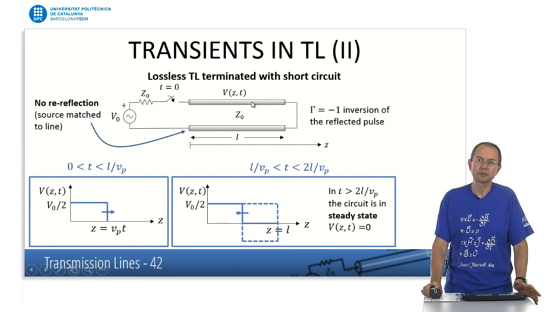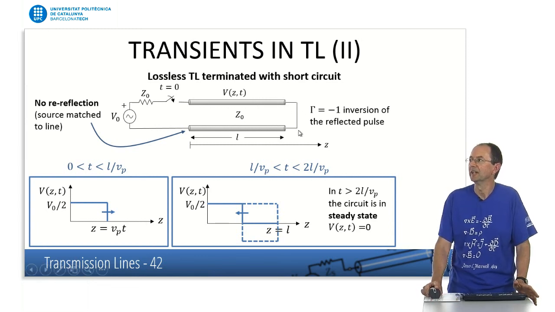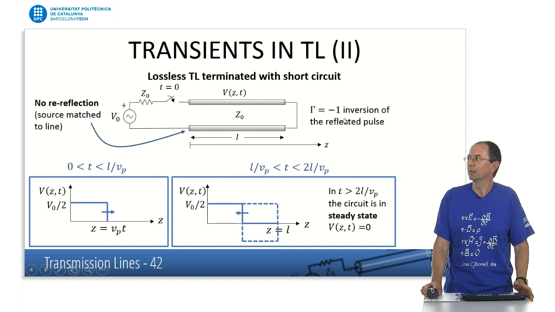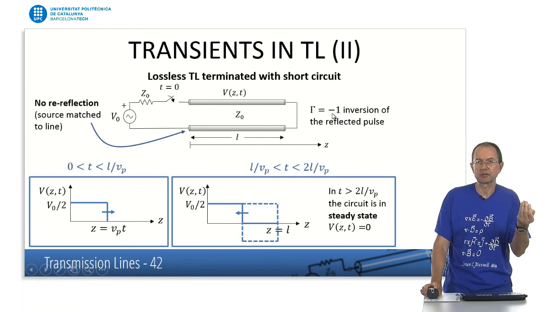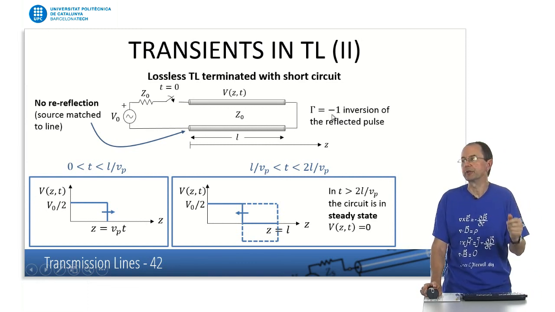Nothing strange happens until we reach the end. When we reach the end, this is a total reflection. The reflection coefficient in this case is -1. This means that the backward signal has opposite voltage compared to the forward excitation.